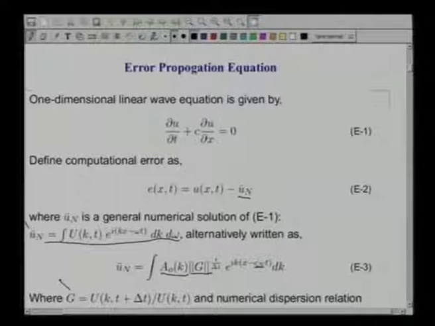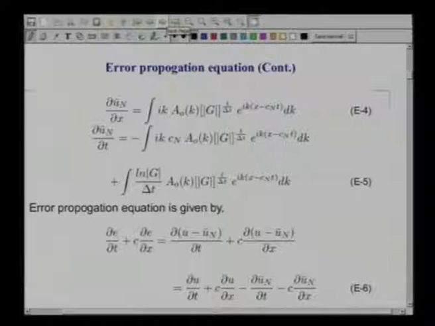And then in this equation E3, we are representing the solution in a sort of a hybrid fashion, because the space x has been represented in terms of the wave number k, but the time is retained as it is. So, if we look at the expression that is given in the previous slide, we can immediately obtain the space derivative and the time derivative one at a time, and the expressions are given as they are.